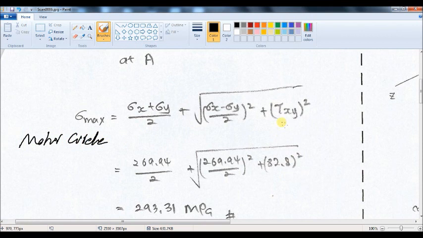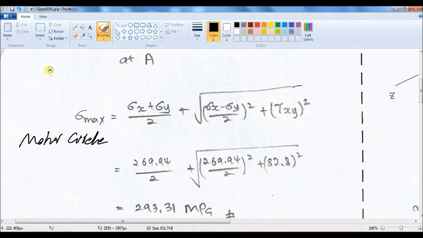So we can use the Mohr's circle equation. Here we can actually modify this equation based on our needs. Since we have sigma x and tau x z, we can modify this Mohr's equation as we need. For example, we can say sigma x, sigma z, and tau x z.